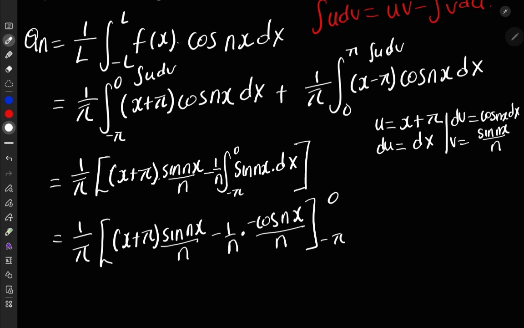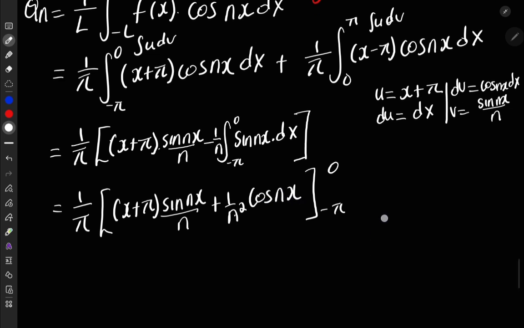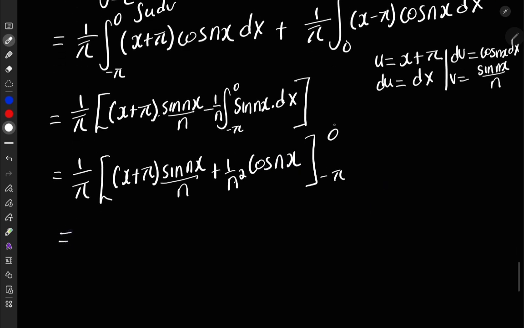But you will still see that this and this will give you n squared, and this will give you a positive. So basically it's cos nx. Then now you can substitute. You start by substituting the upper bound, right? When you substitute 0 in sine x, it's going to be 0, so this term is just going to be 0, plus when you substitute 0 in cos, you get 1, so you have 1 over n squared.